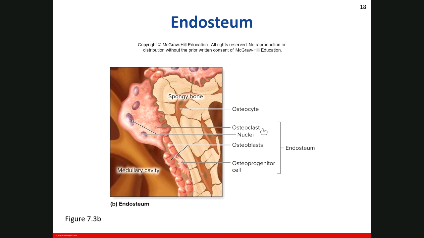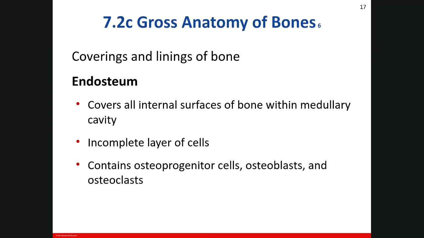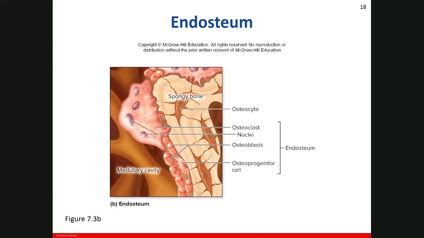So if I want to draw the periosteum and endosteum for you, you can see it like this. Imagine that this is the bone. This is the bone. Here you can see the medullary cavity.